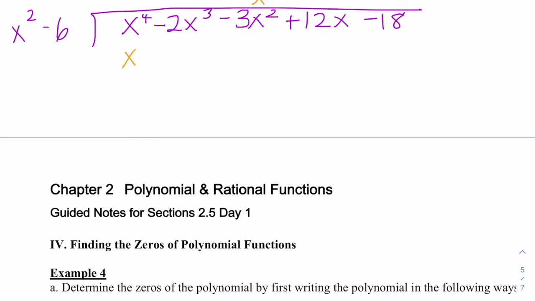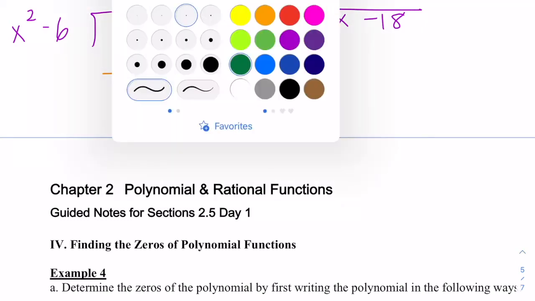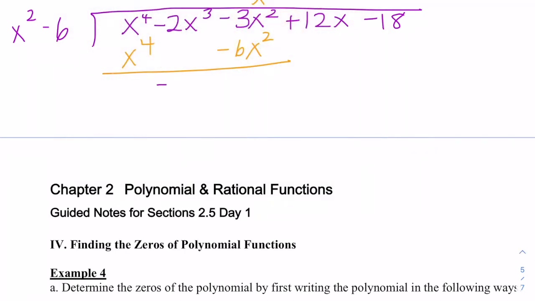So this will be x to the fourth. Remember, there's a 0 here in between, and minus 6x squared. All right, and remember we're subtracting here, so this is going to be negative 2x cubed, and then this will be plus 3x squared.